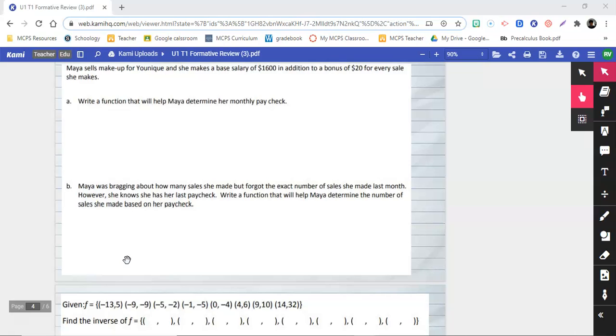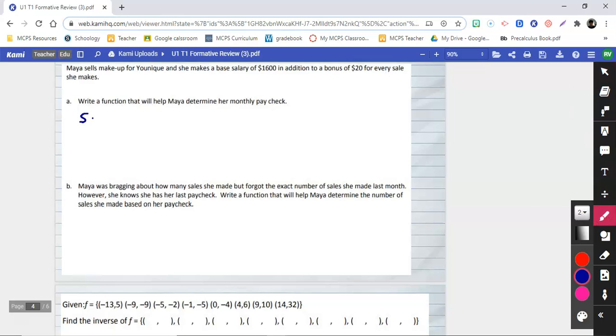In this problem, the independent variable is the number of sales, in which we will use S. The dependent variable is our monthly paycheck, in which we will use P. So writing the function, the monthly paycheck is equal to $20 times the number of sales plus the base salary of $1,600.